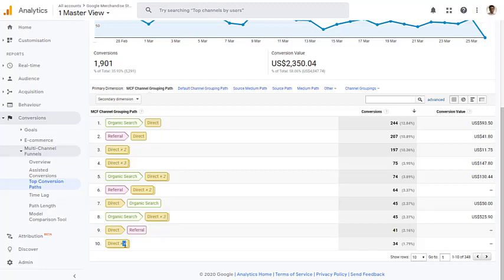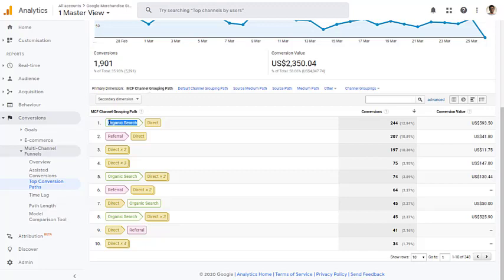Number one means here that he first found the website through SEO, and then the next day he searched for my website. Look here, the first is organic search. That means he came to your website via a search engine. The next day he came via direct. That means he directly typed your website name.